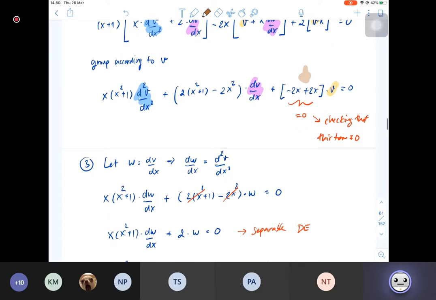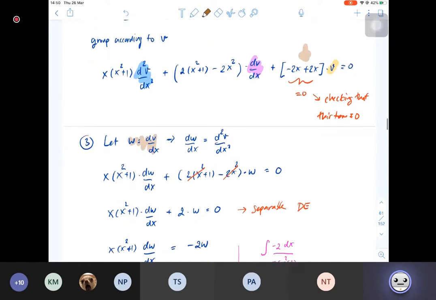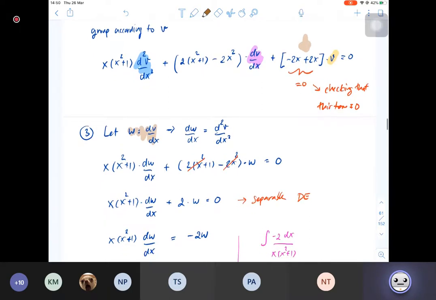If this is the case, it means that we can choose w equal to dv by dx, right? Substitute w for dv by dx, and substitute dw by dx for d squared v by dx squared. So literally, this second order equation is reduced to just first order.